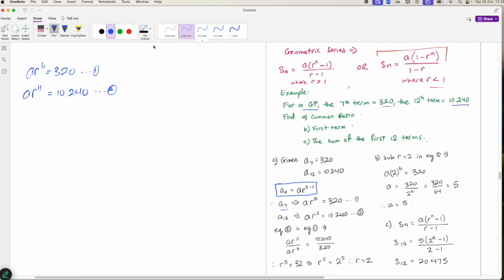Who knew that? So equation 2 divided by equation 1. Remember, the point is to get rid of the a's so that I can just solve for r. So imagine I take equation 2, which is ar^11, and divide it by equation 1, which is ar^6.